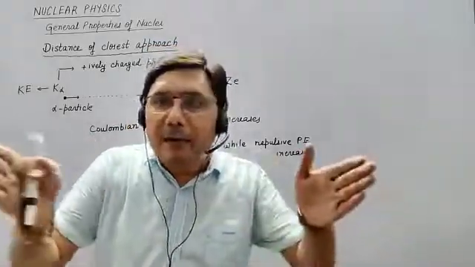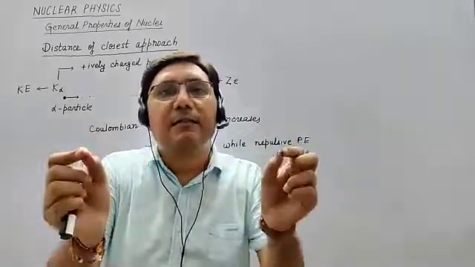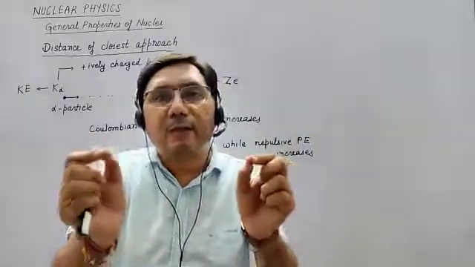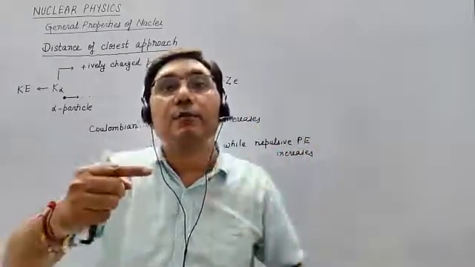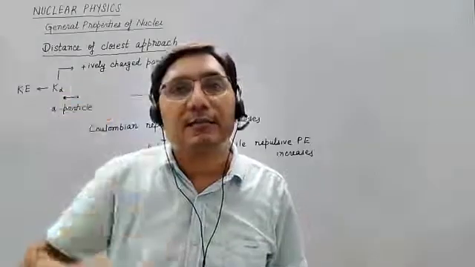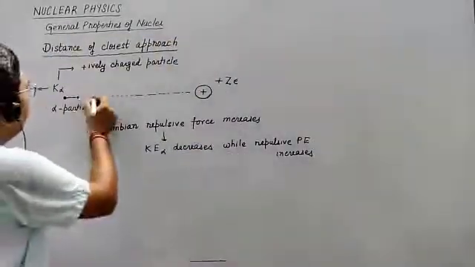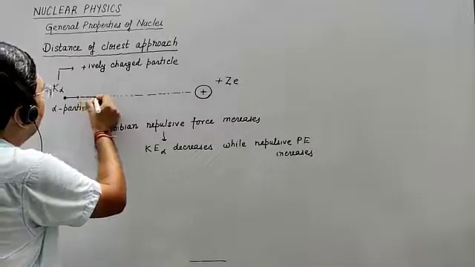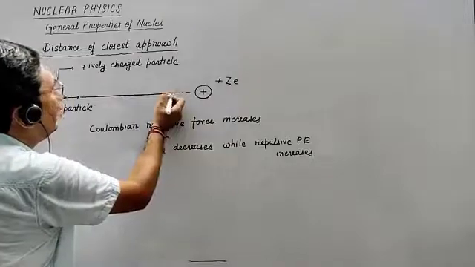But as this particle is moving forward, the separation between the alpha particle and this nuclei is decreasing, as a result of which repulsive potential energy increases. After this journey, a time will come when kinetic energy will become zero.